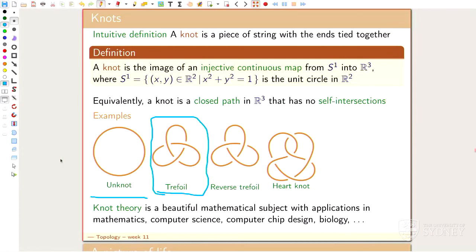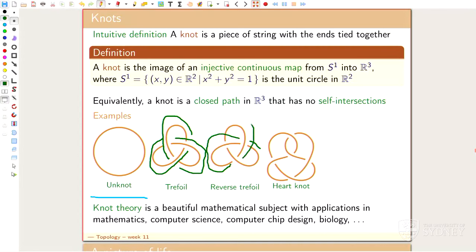So here, for example, this is a really tricky one. So let me get rid of this one here. Okay, so you can have this knot which goes over, under, like this. Or you do it under, over, under. So you're really just swapping over and under, like this. Let me get rid of the drawings. And you can ask the question, if you do this, are they the same?